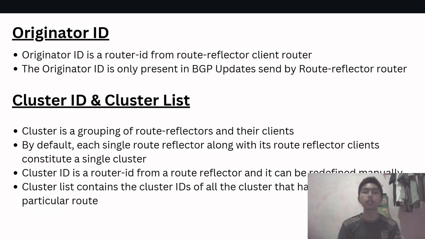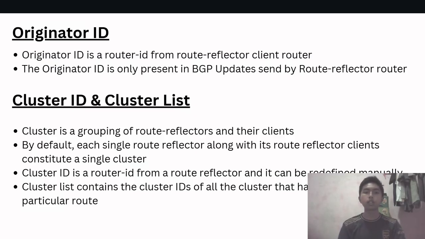And cluster list contains the cluster IDs of all the clusters that have processed a particular route. So a cluster list can contain multiple cluster IDs from any route reflector routers that have processed a particular route.